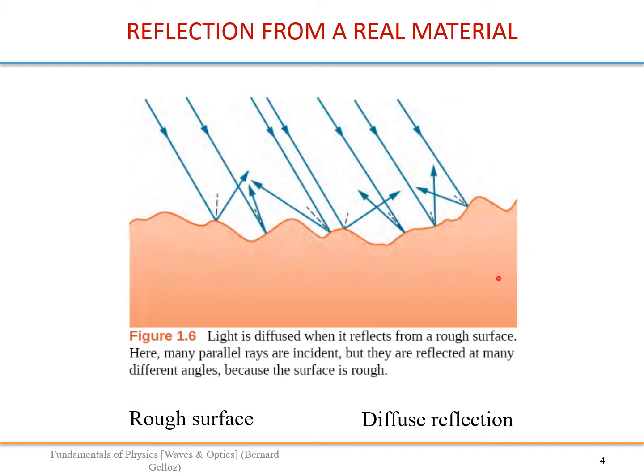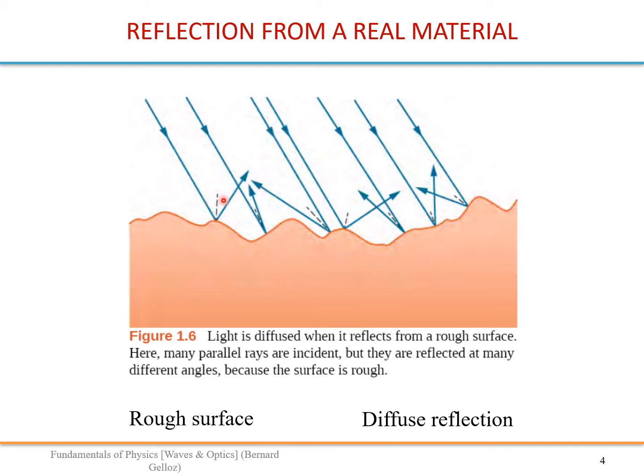So this is a rough surface, and this is known as diffuse reflection. Of course, at any point here you have a specular reflection for each ray. This one will reflect with the same angle with respect to the normal at that location. The normal at that location is shown here.